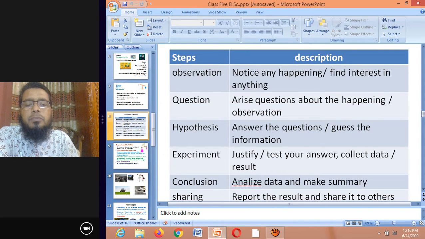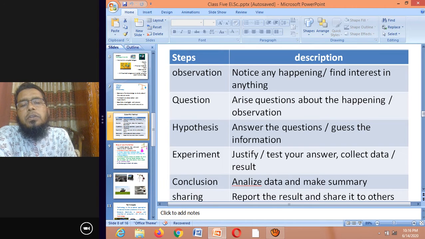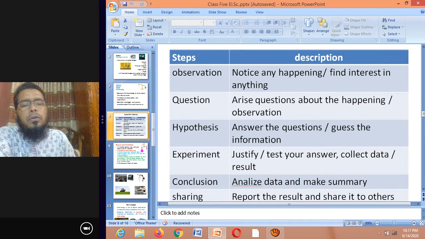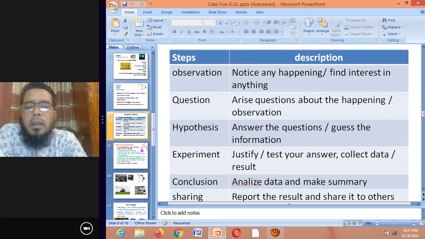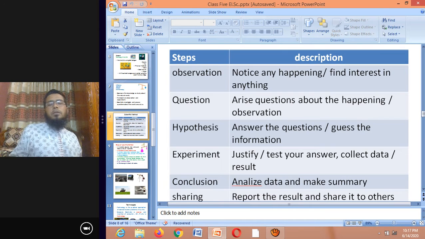And finally experiment. After hypothesis, basing on those answers, the scientist makes an experiment. What is experiment? That is to justify or test the answer, or collect data or results. So they try to find out a result, that is called experiment.